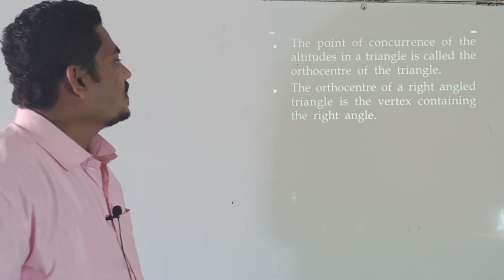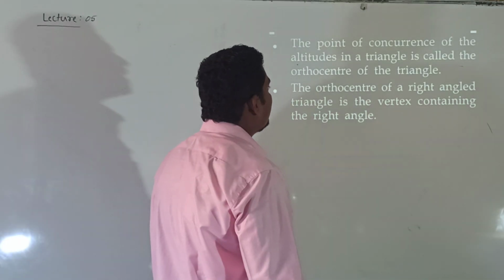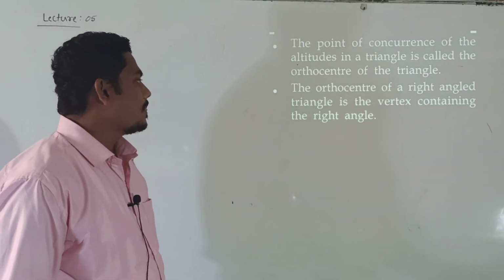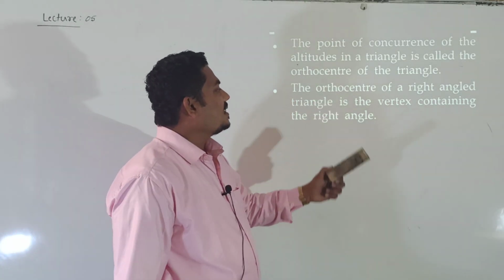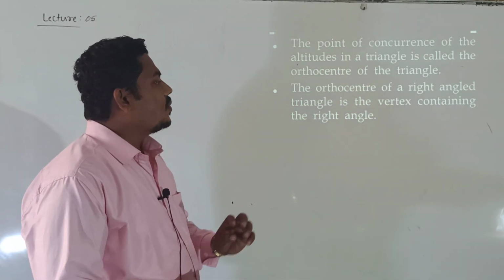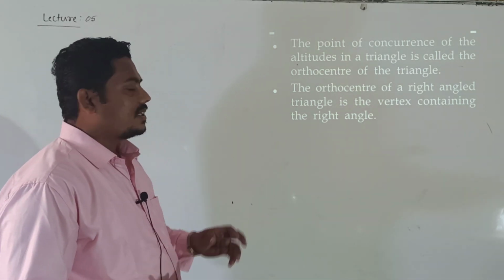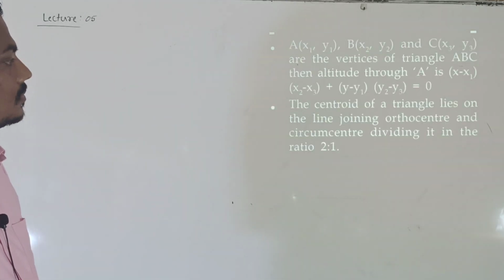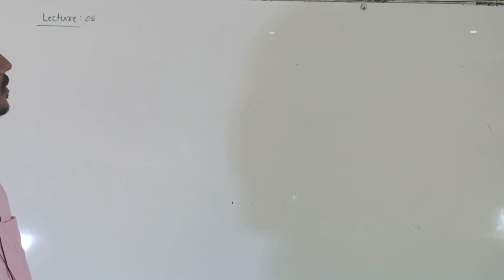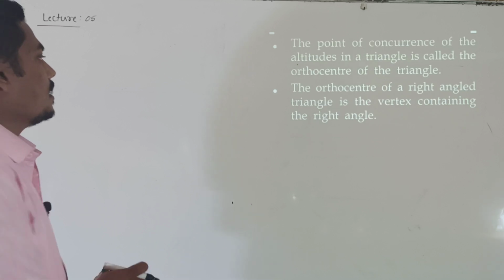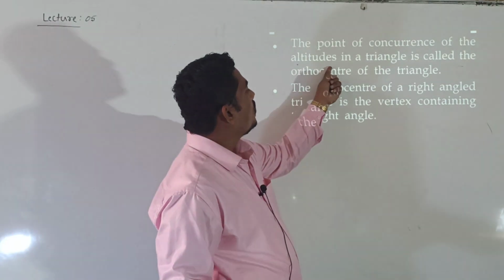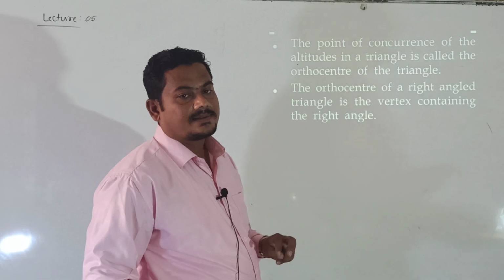The point of concurrence of the altitudes of the triangle is called the orthocenter, and the orthocenter of the right angle triangle is the vertex containing the right angle, right? I will explain what is orthocenter.